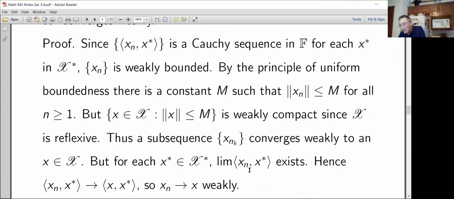Secondly, we know a subsequence converges to that. So the whole sequence converges to that: if the whole sequence is Cauchy and a subsequence converges to a limit, then the whole sequence must converge to that limit. So for every X star, the sequence of scalars converges to this, by the definition or by Proposition 4.3a. This means Xn converges to X weakly.